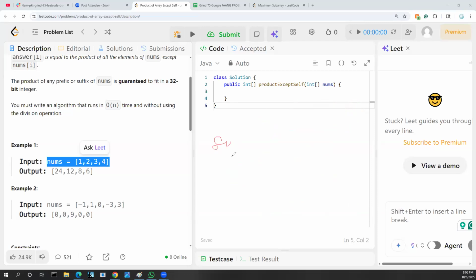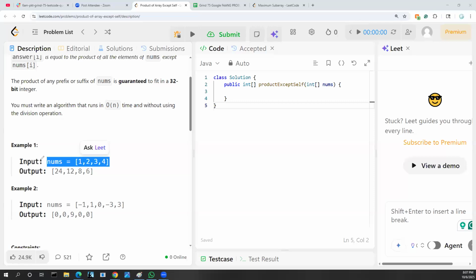Can I say as my suffix increases, my prefix decreases. Can I say that as well? In this array right here, 1, 2, 3, 4, as my suffix increases, my prefix decreases. Can I say that? If I'm moving I in the opposite direction. Okay?